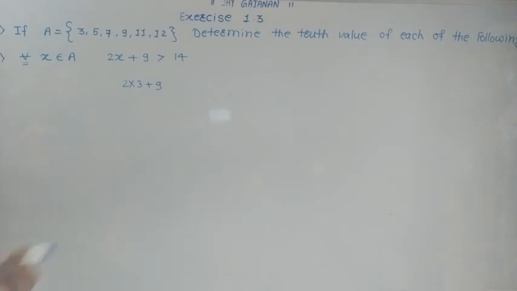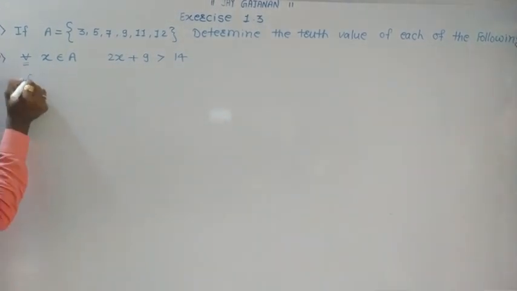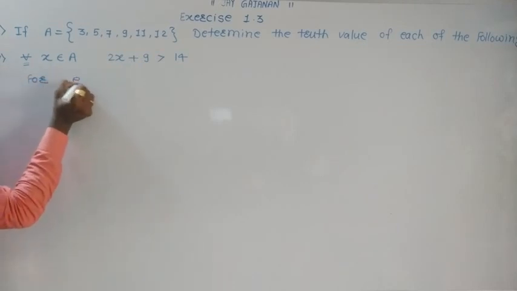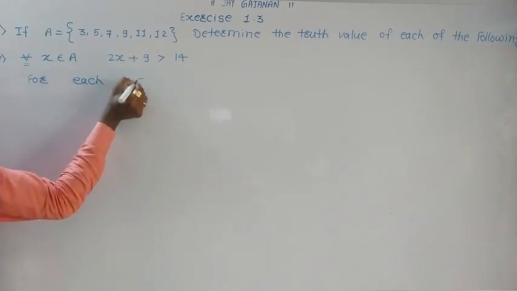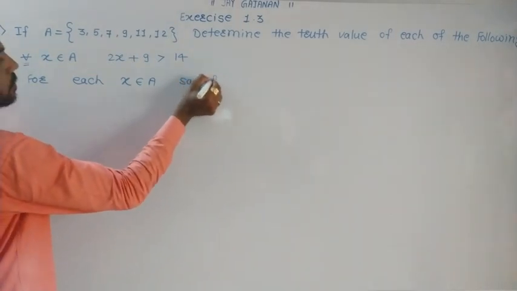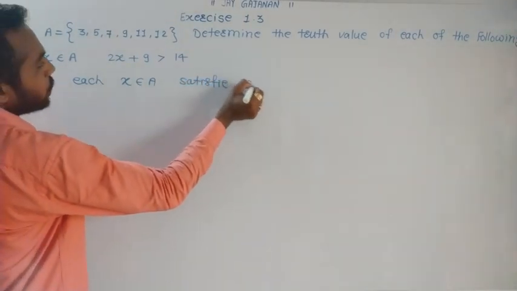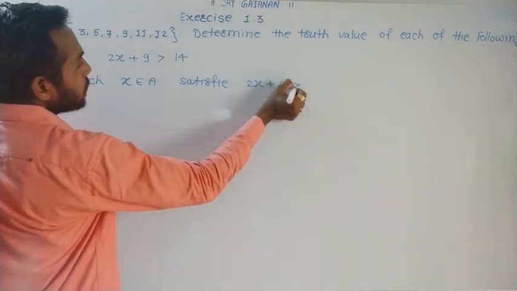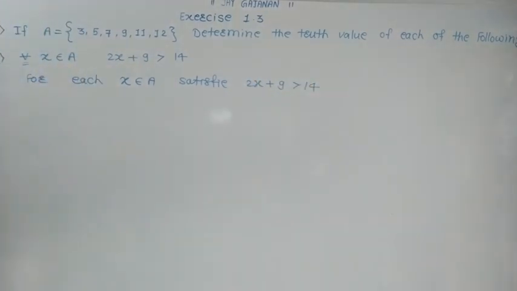is greater than 14. Therefore, we can say that for each x belonging to capital A, 2x plus 9 is greater than 14.